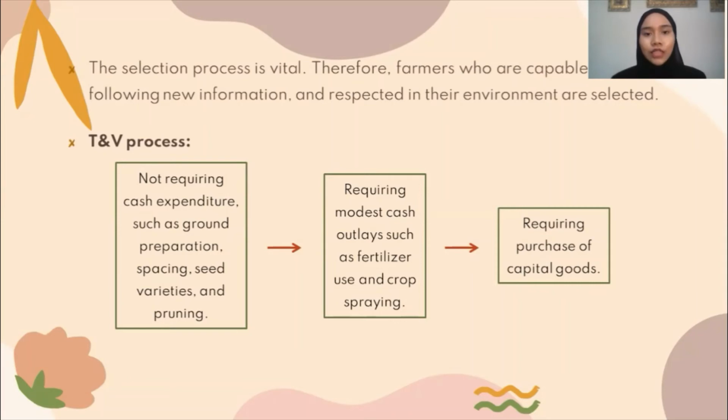The messages of the TNB program ideally are supposed to be transmitted in both directions. TNB agents are supposed to gather information about how well previous advice has worked in practice and about continued problems in order to guide research efforts.